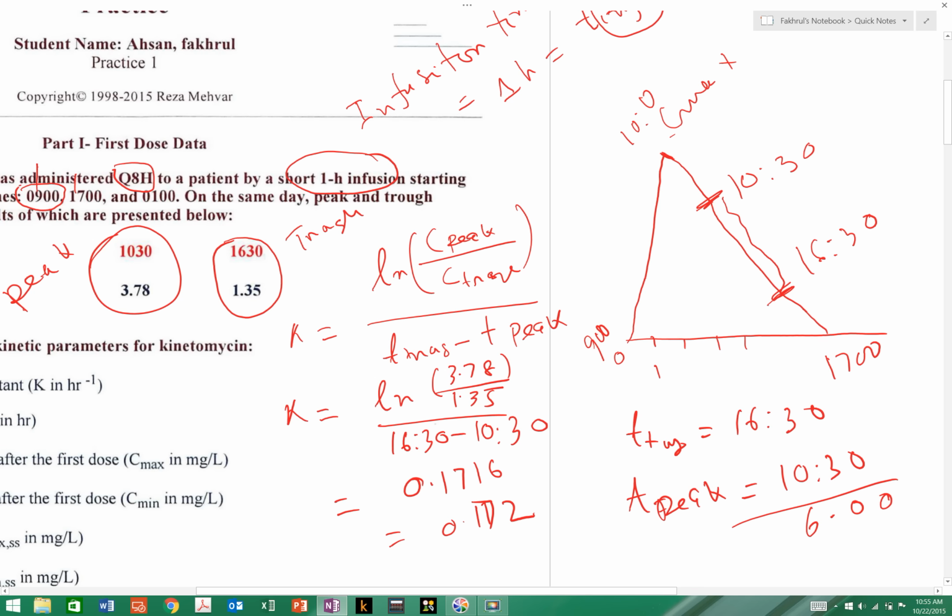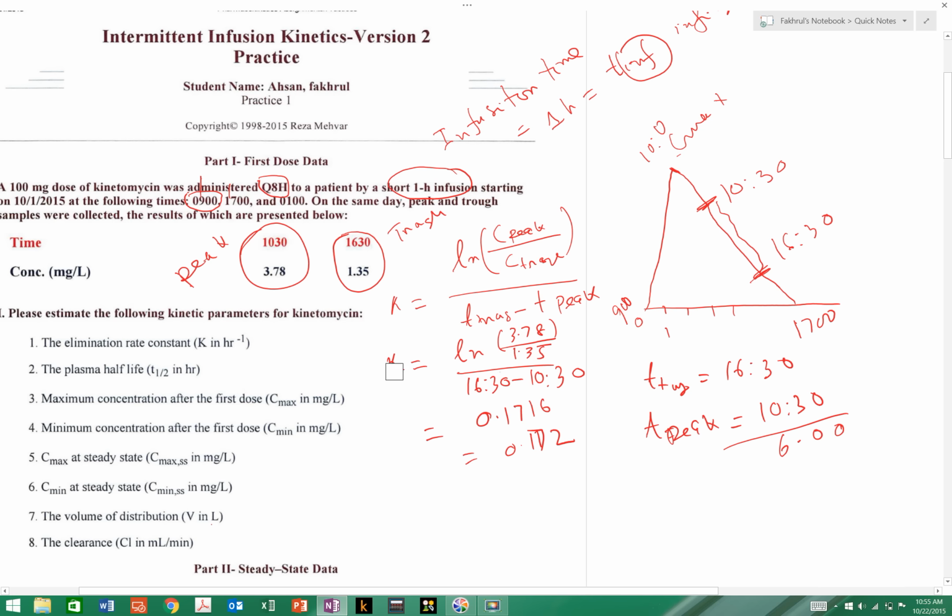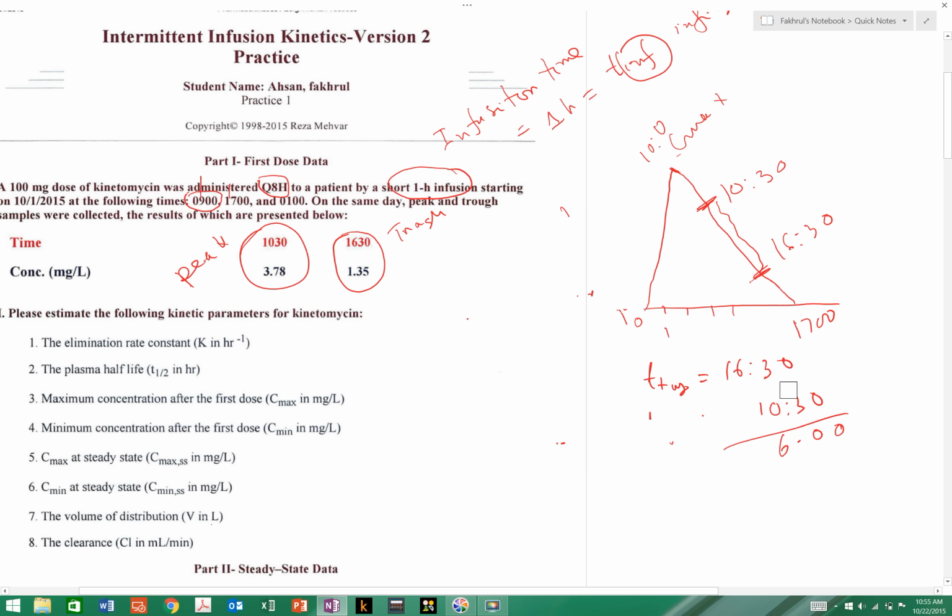Once you know the calculation of K, then things are going to be a little easier. Let's clear this. Now K is equal to 0.172 per hour.